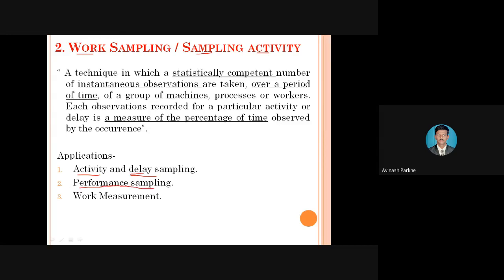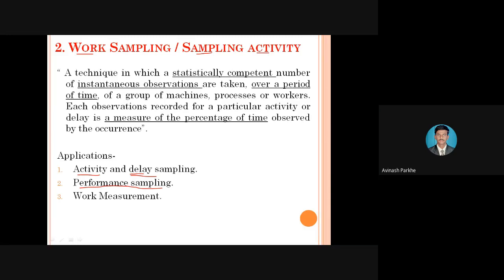Then the second application is performance sampling. Here we are checking the performance of the operator. Whenever I have to check the performance of the operator or worker or sometimes the supervisor, at that time work sampling plays a very important role.